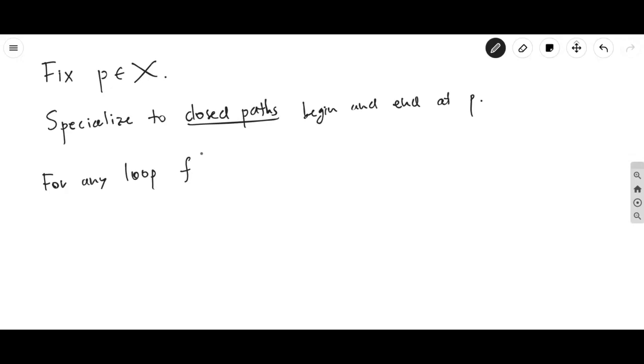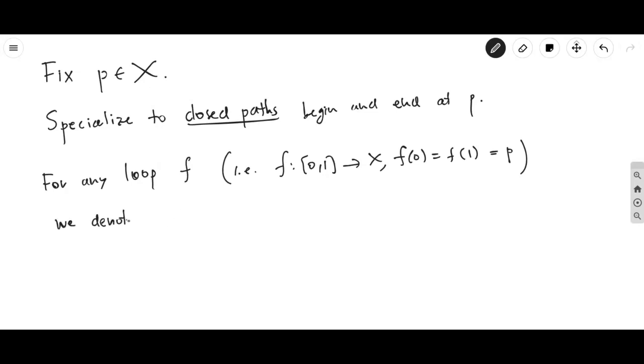For any loop F, so it's a mapping, right? F is a mapping from [0, 1] into X. F of 0 and F of 1, they're equal, and they're both equal to P. So for any loop, we denote [F] with square brackets.